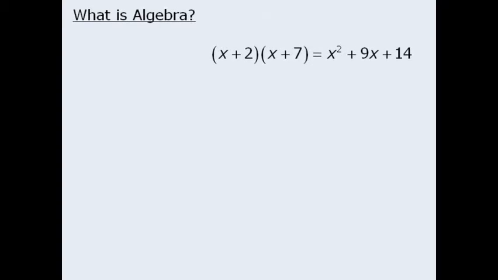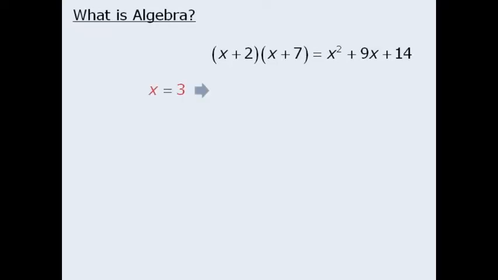So later in this module, when we say that (x plus 2) times (x plus 7) is equal to x squared plus 9x plus 14, we are saying that for every possible value of x, (x plus 2) times (x plus 7) and x squared plus 9x plus 14 will have the same evaluation.